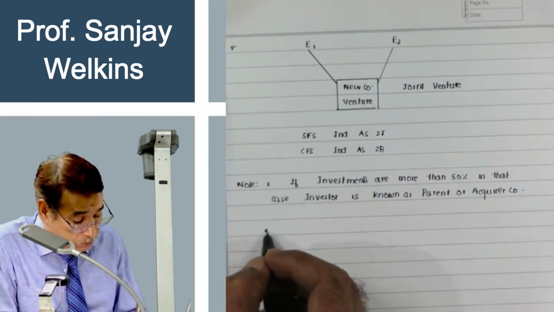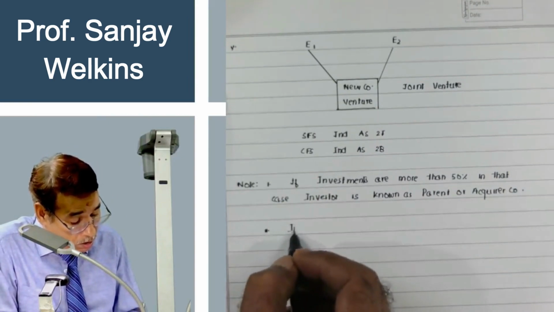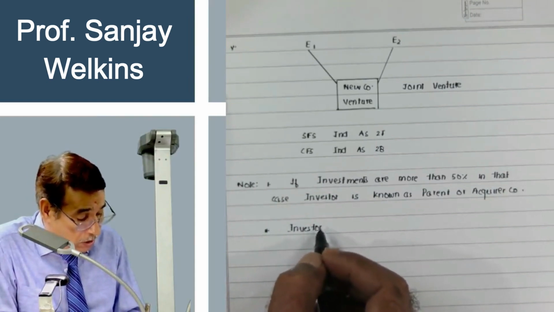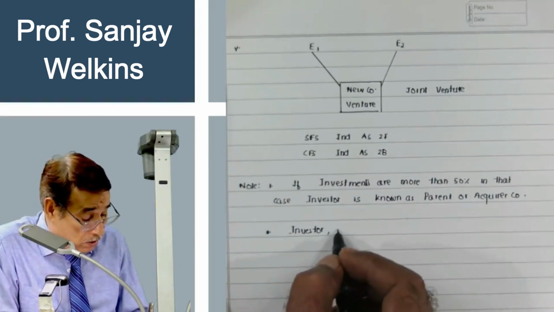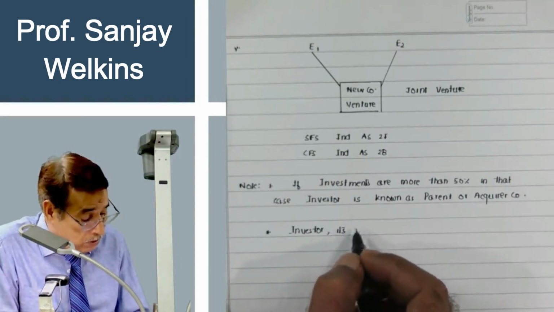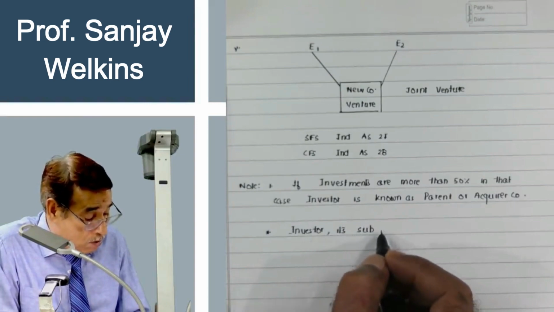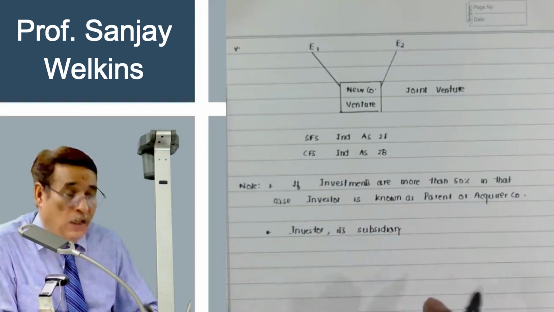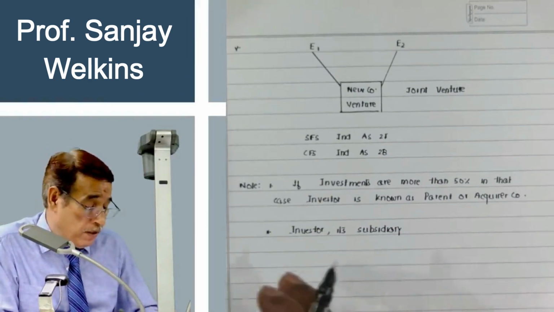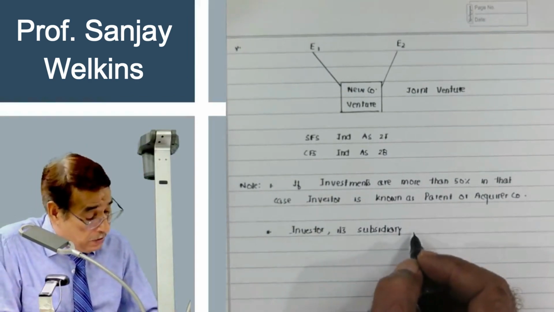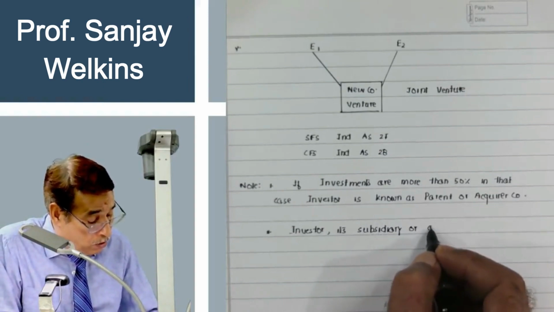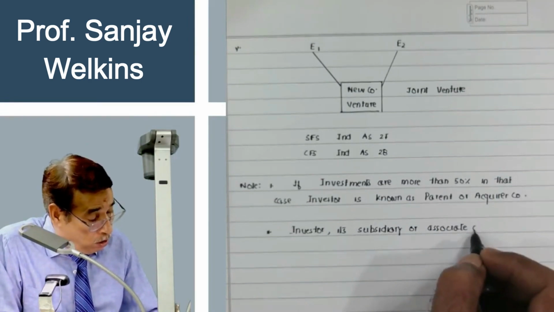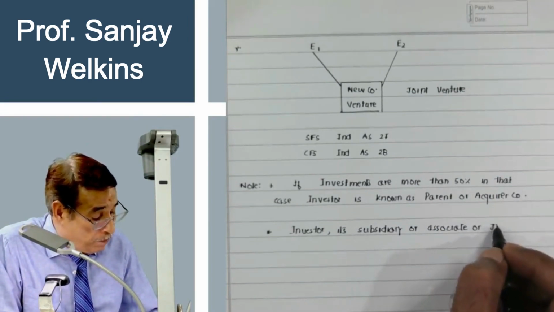Note number 2. Investor, its subsidiaries. The other entity could be our subsidiary only when we have more than 50% stake in it. Investor, its subsidiary or associate, or joint arrangement.